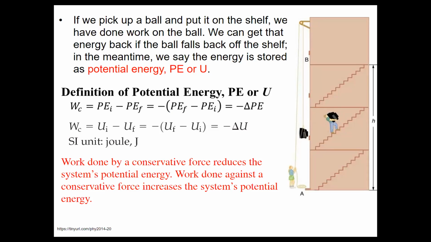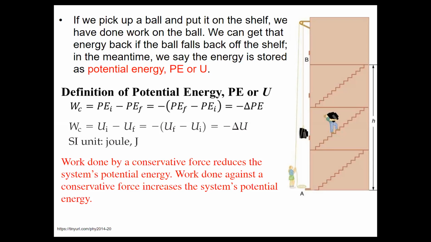That energy we call potential energy, or gravitational potential energy, because you are storing energy by doing work against the gravitational force here, okay? So for gravitational potential energy, we can call it potential energy or PE, or sometimes you see people use U as the symbol, okay? So if you are doing work against gravity, then you actually increase the object's potential energy, right?